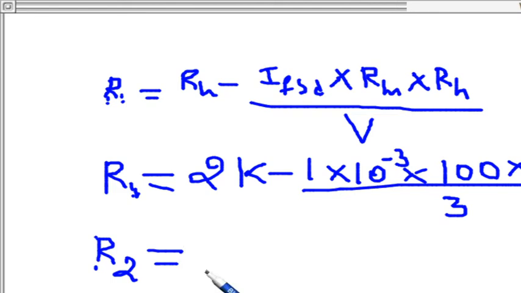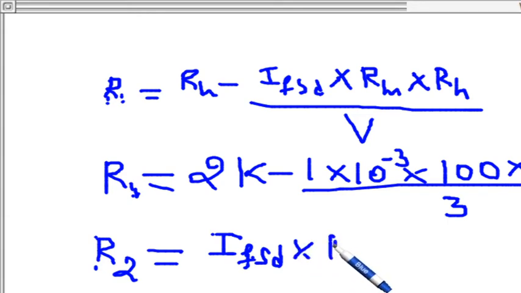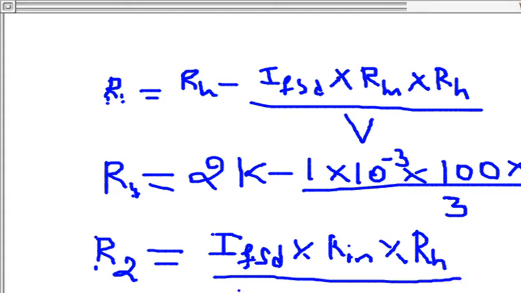So R2 is equal to full scale deflection current IFSD into RM into RH divided by applied voltage V minus full scale deflection current IFSD into RH.